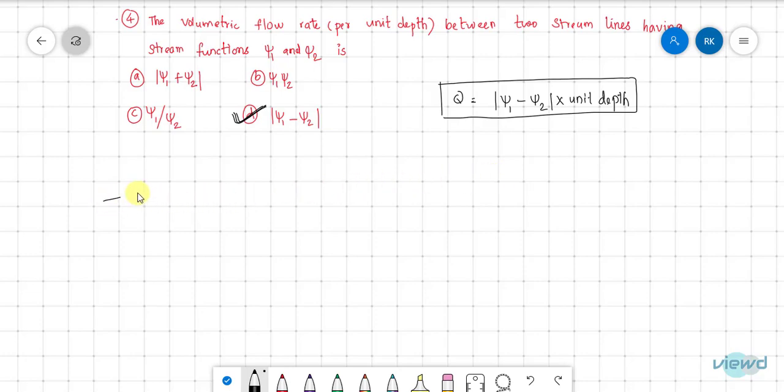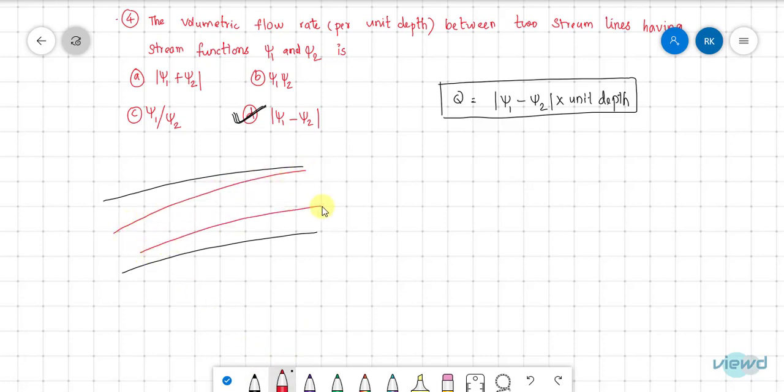For example, there is a stream tube or a pipe, and in this streamlines are present. Suppose this is streamline 1, this is streamline 2, and these are represented with stream functions psi1 and psi2.